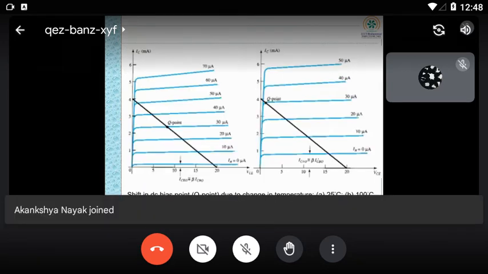Now based upon this stability, you can calculate three stability factors. One is stability due to the leakage current, stability due to the base emitter voltage, and stability due to beta values. Any one of them you can utilize, because most popularly we are using this one.